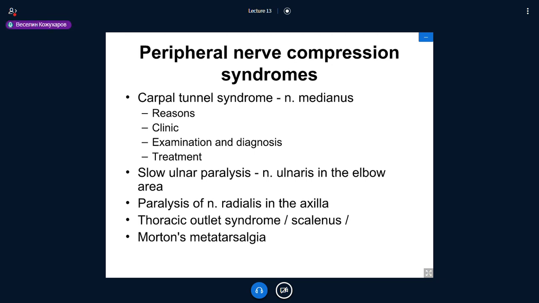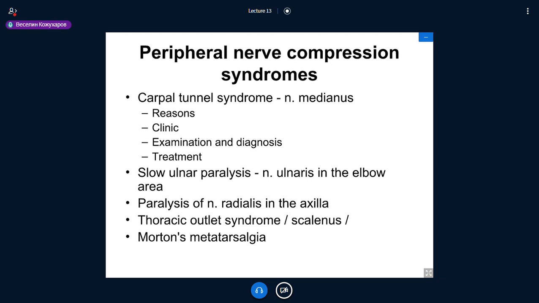After that, it comes distally to canalis supinatorius, where the radial nerve is divided into two branches, superficial and deep. If there is a hypertrophy or edema in this area, the deep branch will suffer with the symptoms of peripheral nerve compression.